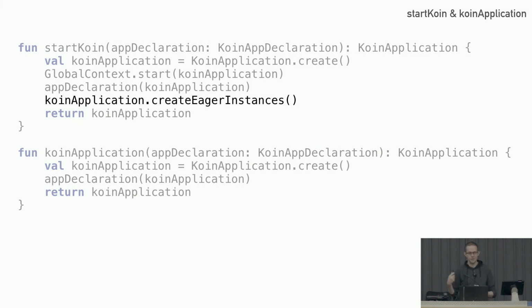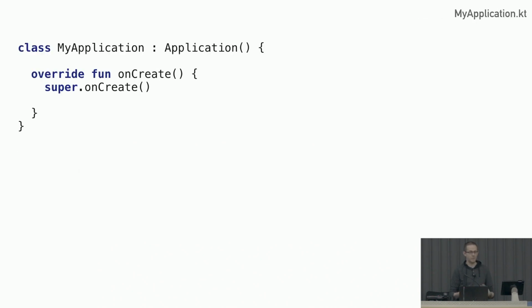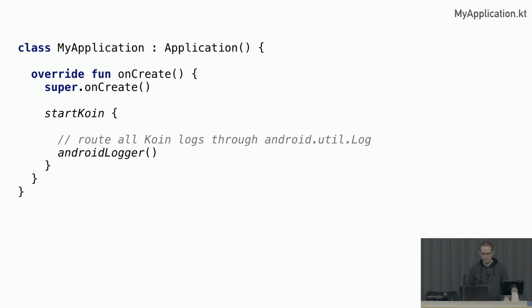So if you think about a large application which might have God classes or orchestrator classes that are actually just observing other things and they need to be up and running immediately, with Dagger you might initialize your graph and then immediately inject them into, say, your application class and do your initialization. With Koin, all of that's taken care of for you, and you don't actually have to have them as properties in some other object.